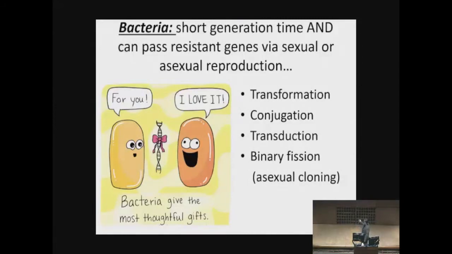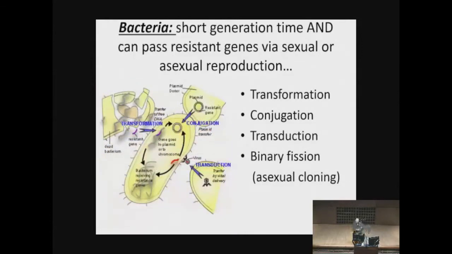I wish it was closer to Valentine's Day, but this is the Valentine's Day for bacteria, and they use transformation, conjugation, transduction, and mostly binary fission to pass that genetic information on. So it's not only quick generation time, but also different ways to pass that information on. So even within a week, you are going to see mutated bacteria.